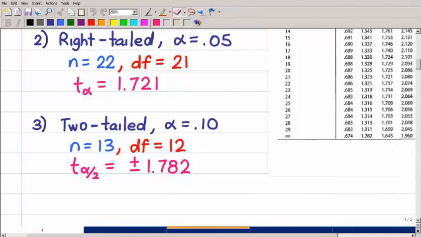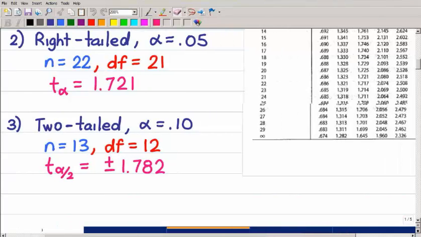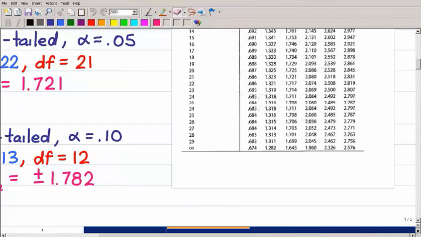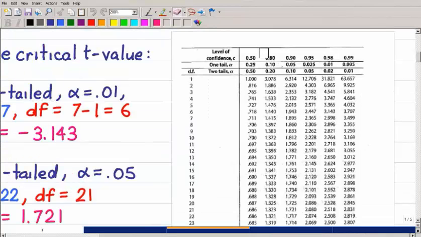Now, next example is two-tailed, alpha 0.10. N equals 13, so the degrees of freedom will be 12. Now, this will be a plus and minus number. Now, make sure 0.10, two-tailed is the third column. 12 degrees of freedom is 1.721, plus and minus.